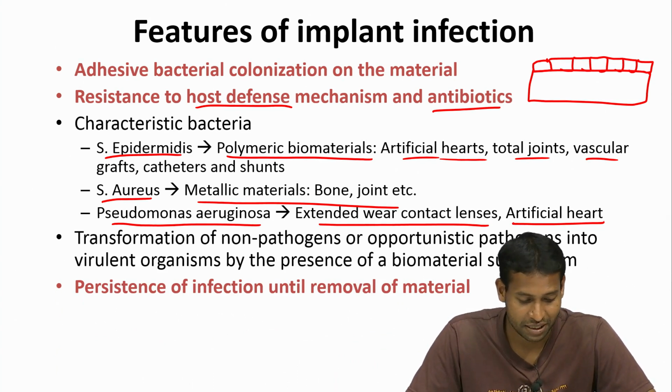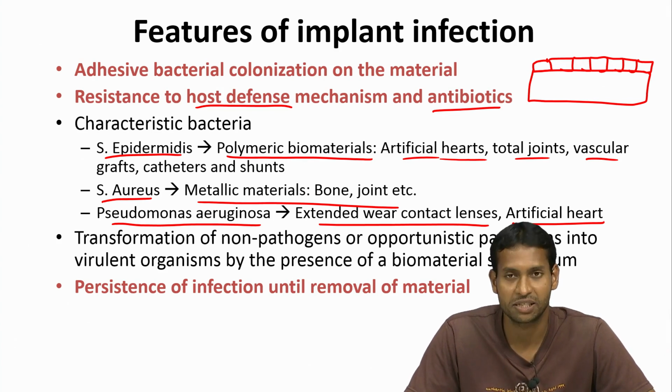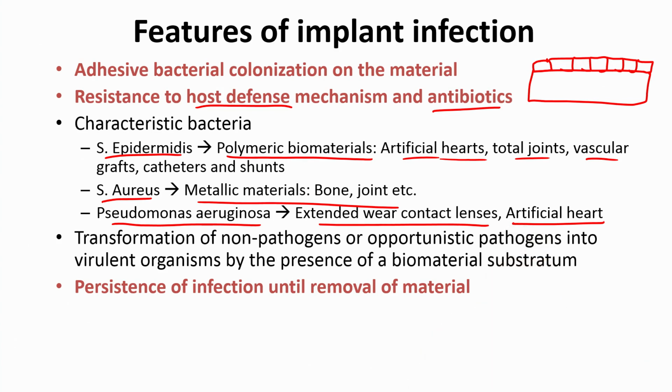And then sometimes there is a transformation from non pathogens or opportunistic pathogens into a virulent pathogen in the presence of a biomaterial substrate. So, for example, Staphylococcus aureus is actually naturally present in our skin.